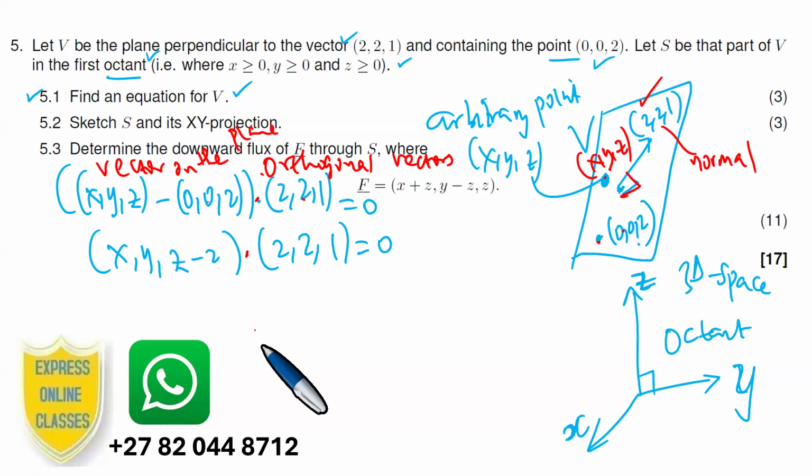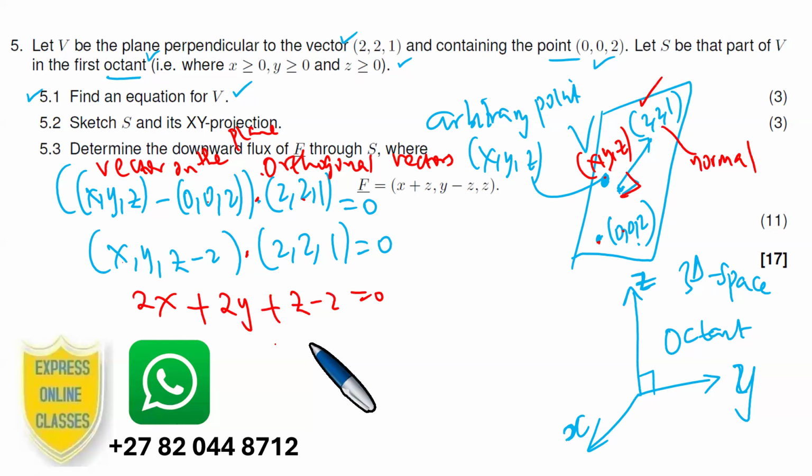Okay. So now we're going to do component-wise multiplication, which means x by 2, which is 2x, 2y, z minus 2, 0, which means 2x plus 2y plus z equals 2.